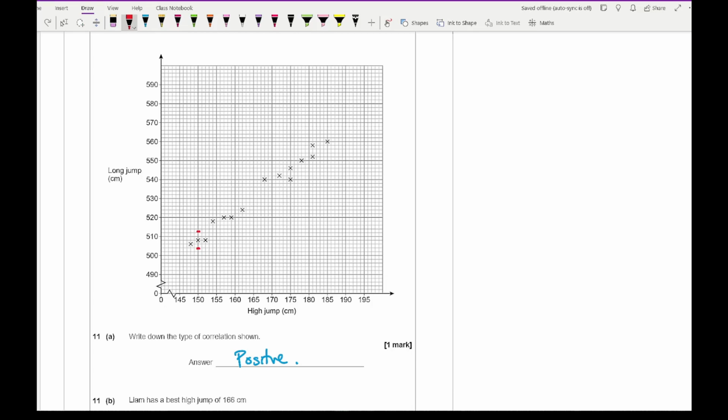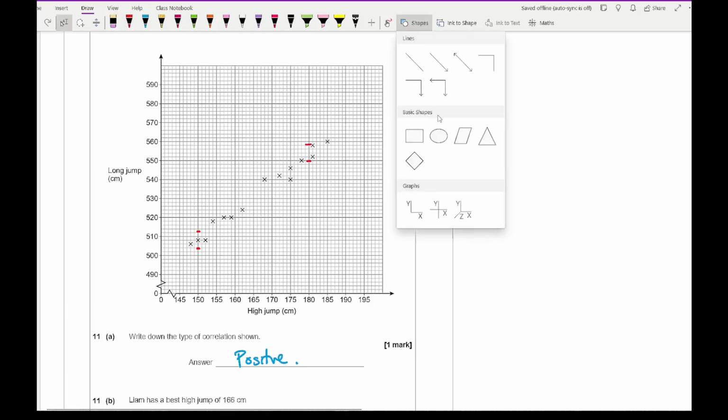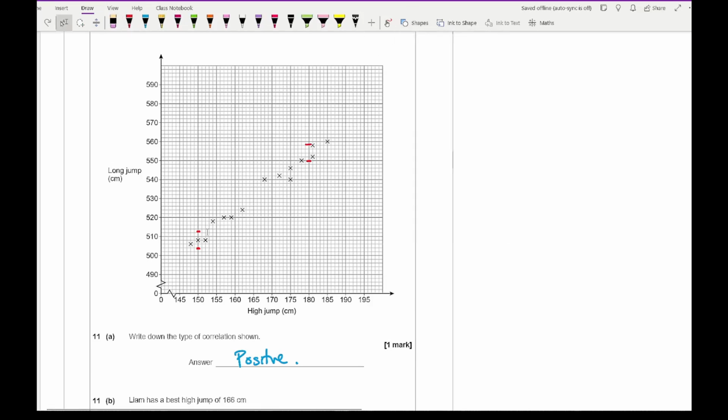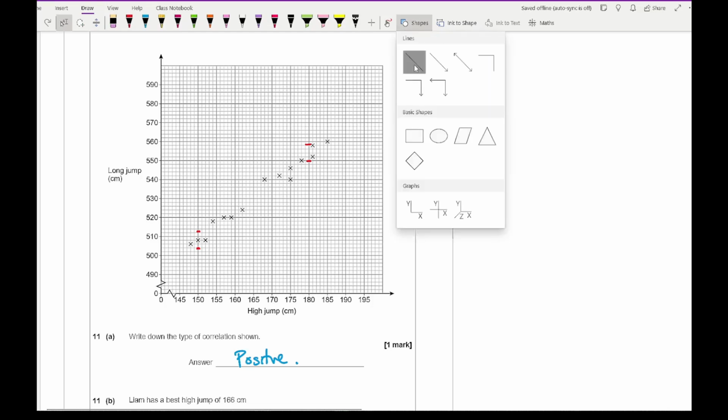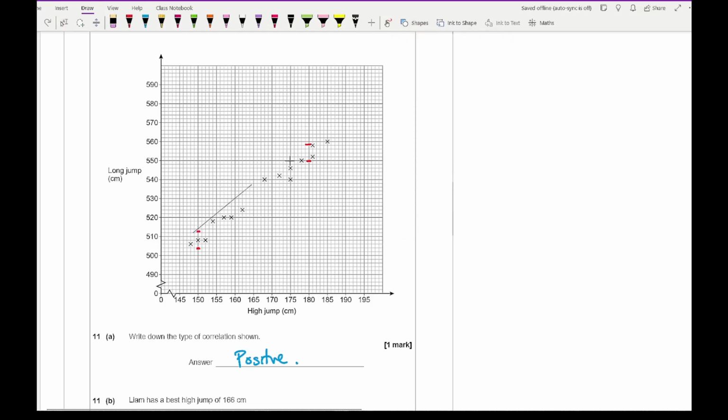The upper is going to be at 180 and 550, which is there, and 558, which is there. So what I've just done is draw the boundary as to where your line of best fit needs to go. Your line of best fit needs to fit between the two lines that I'm drawing now.